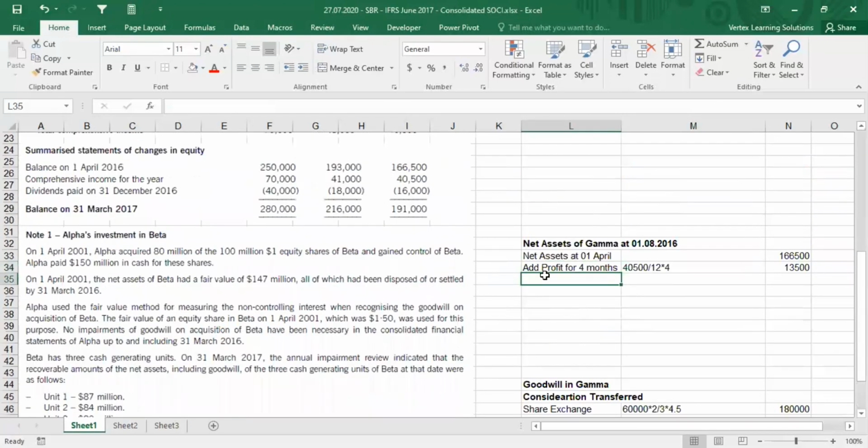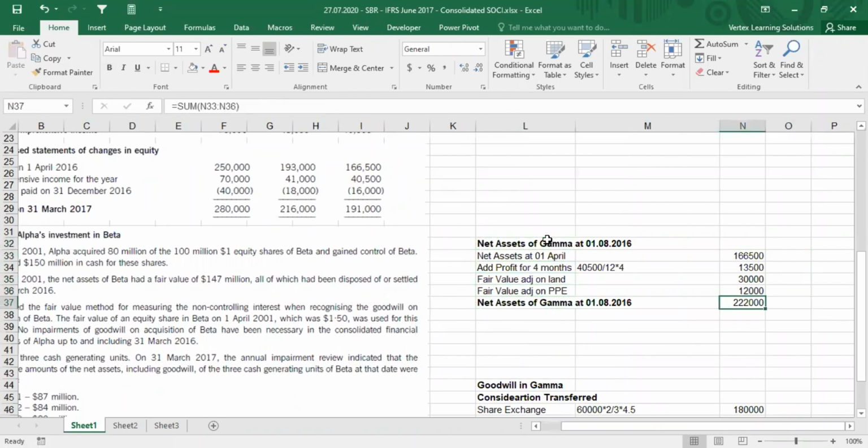So I would say fair value adjustment on land and fair value adjustment on PPE. This was 30 million and this is 12 million. So this is going to be your 222 million. This is your net assets of gamma on 1st of August.